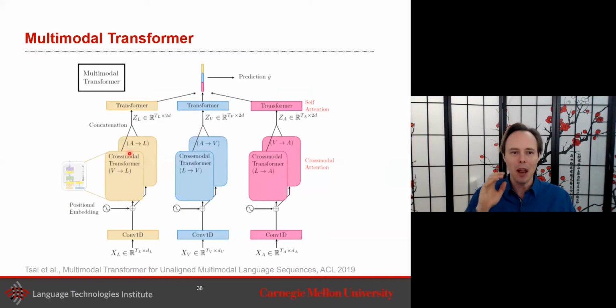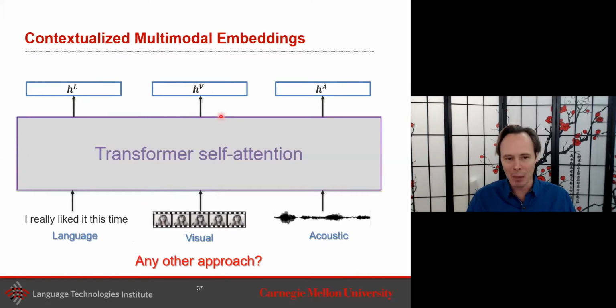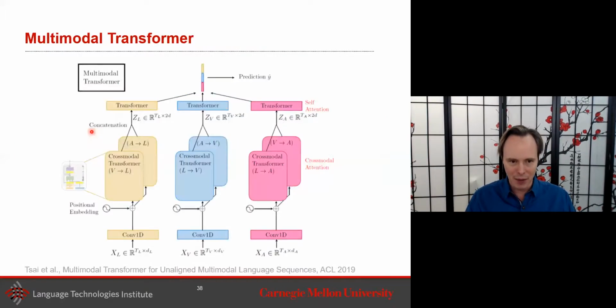You could imagine a version of bimodal self-transformer attention, which takes language and acoustic together, has a self-attention transformer, gets embeddings for H and A, and then does the same for language and vision, getting an H and a V, and then takes my H and A and V with maybe a linear projection. That would be a bimodal transformer self-attention.